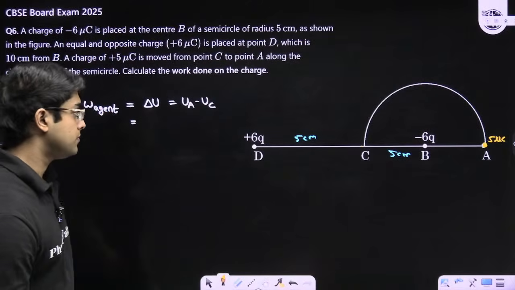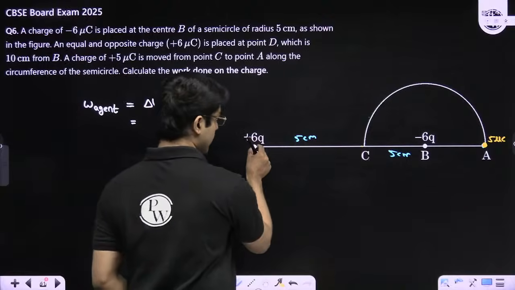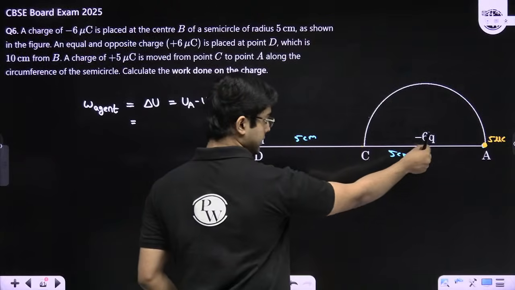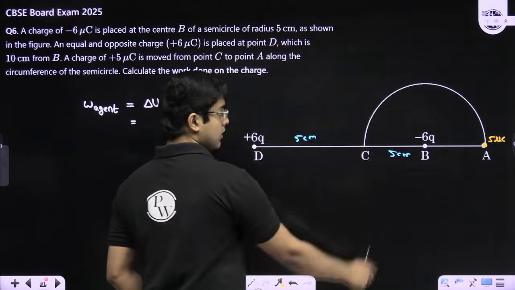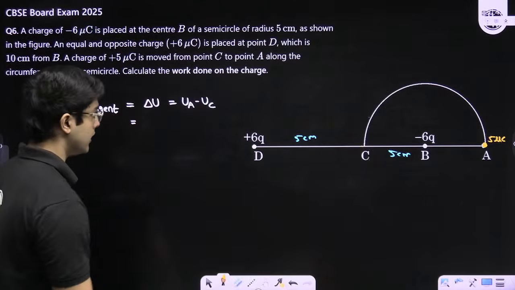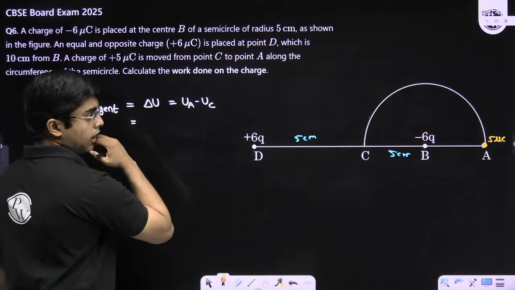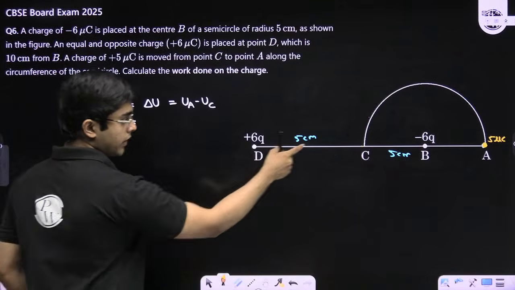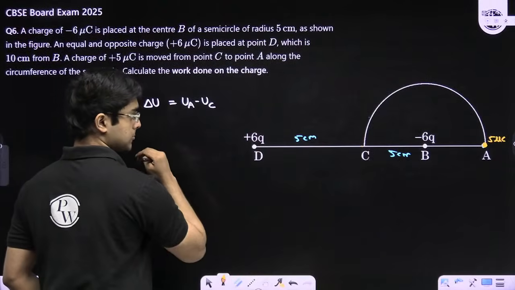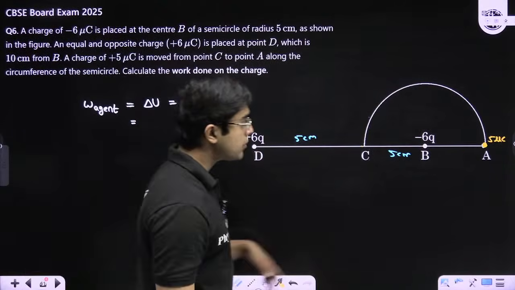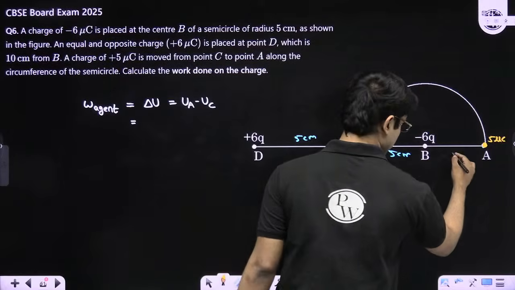The interaction of plus 6 and minus 6 is the same before and after, so that term we don't really have to write. Other than that, for UA, there is the interaction between 5 and minus 6 and between 5 and plus 6. The distance between 5 and minus 6 is equal to 5 centimeter.